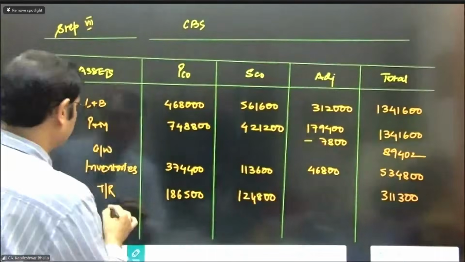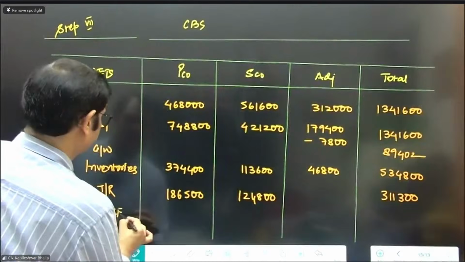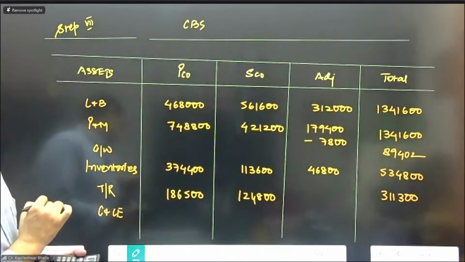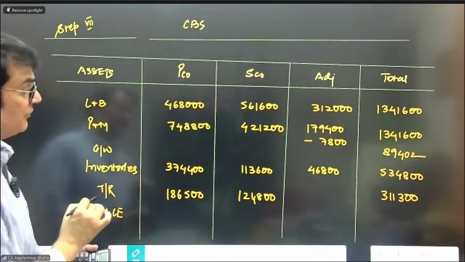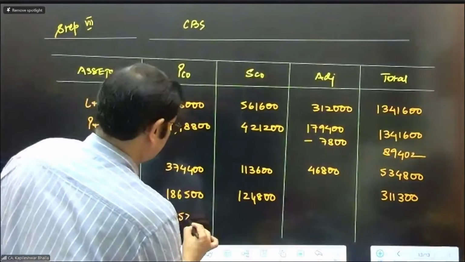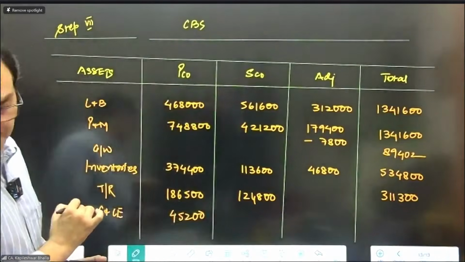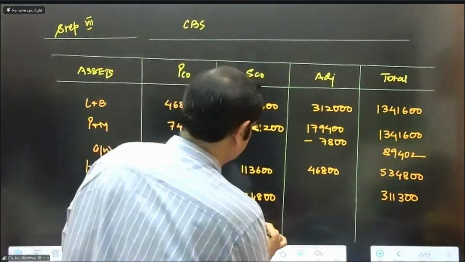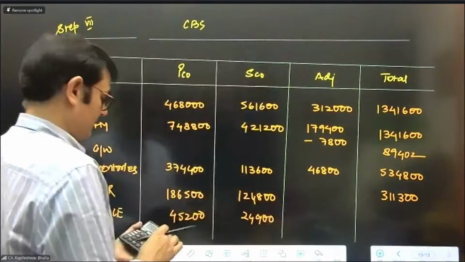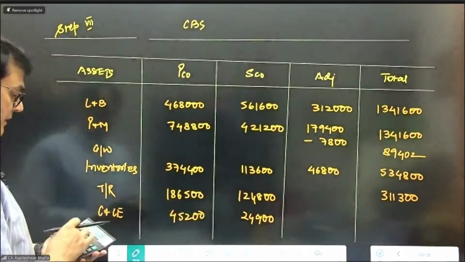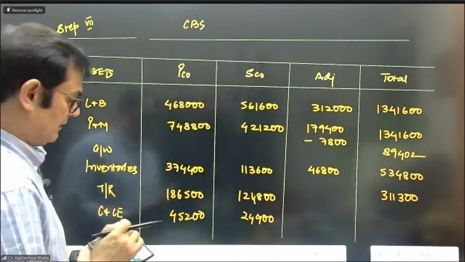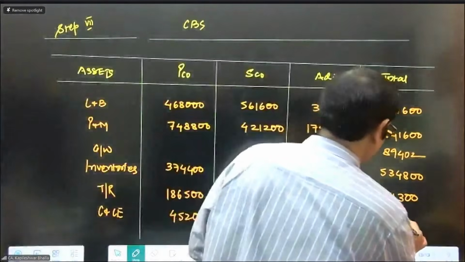Then there is cash and cash equivalents, and that is 45,200, and that's 24,900. So 45 and 24, that's 70,100.